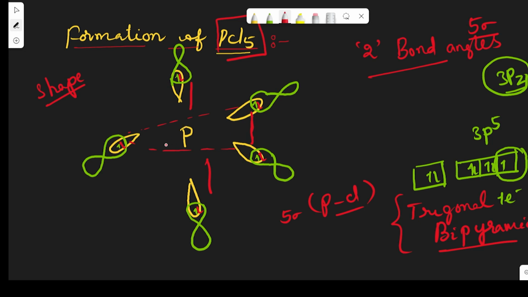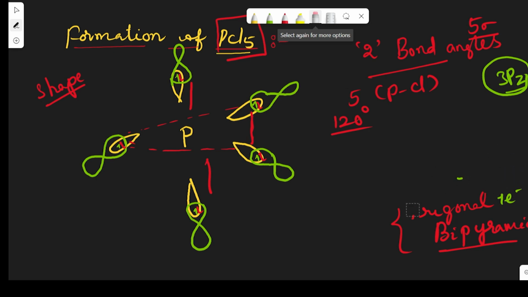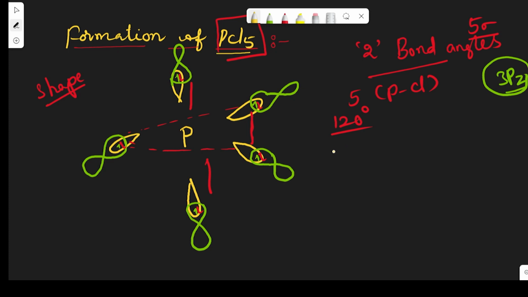In one plane, these 3 PCl bonds out of 5 make a 120 degree angle with each other.